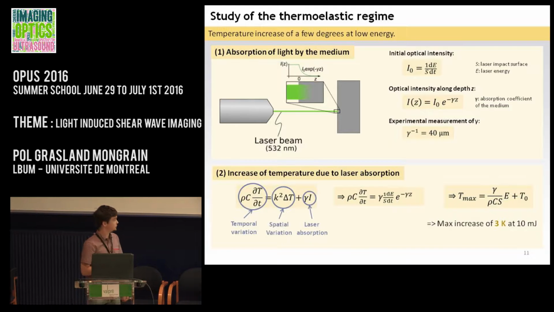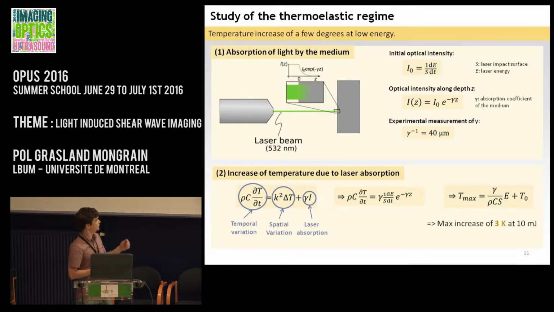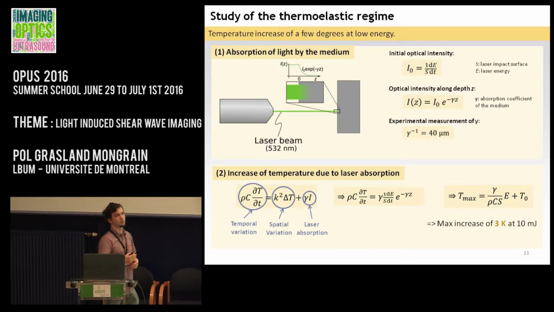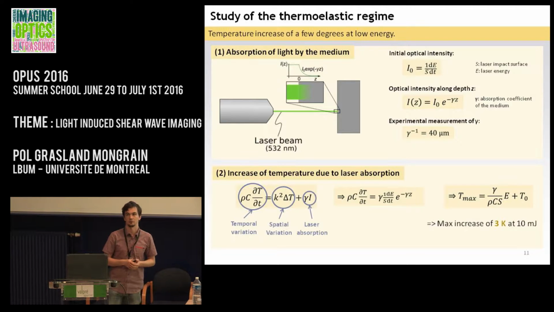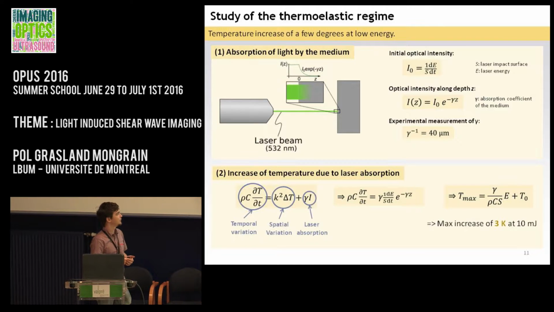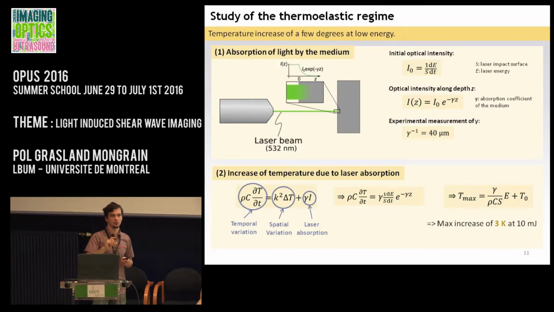So during laser emission, this equation can be simplified like this, and we can calculate the maximum increase of temperature due to the light absorption of the laser. A numerical calculation of this equation gives a maximum increase of 3 Kelvin at 10 millijoules. 3 Kelvin is quite low, so it is compatible with the thermodilatation principle.